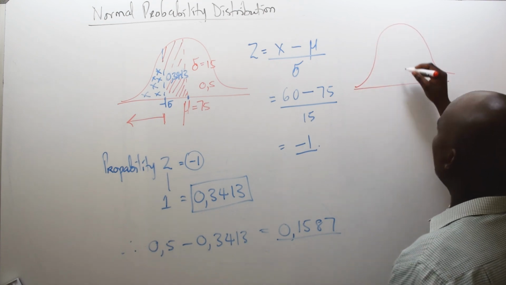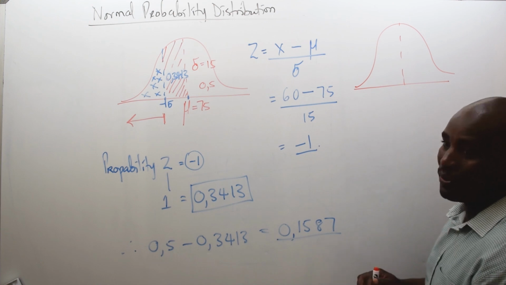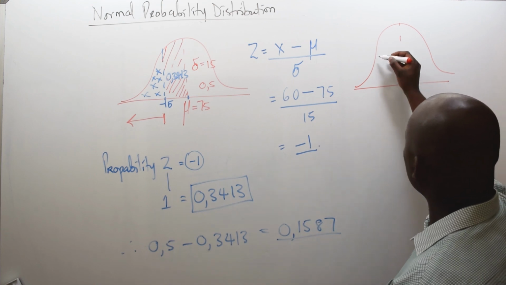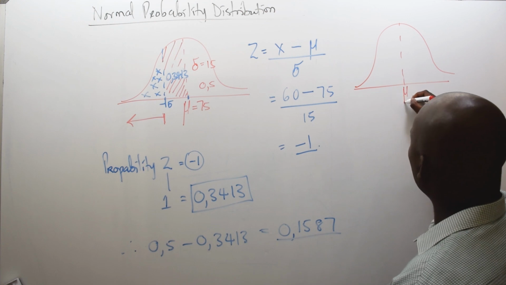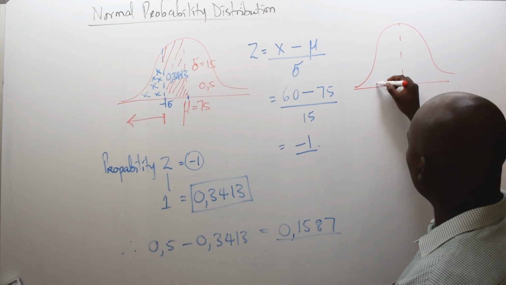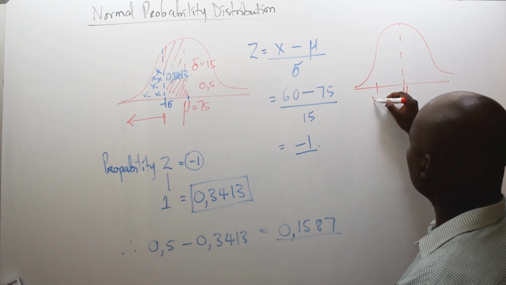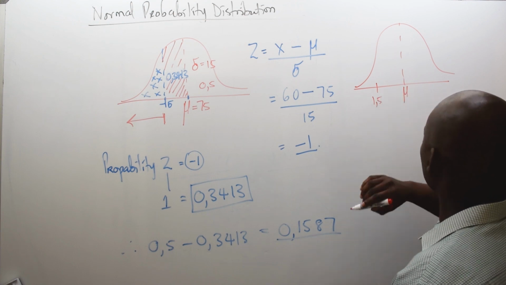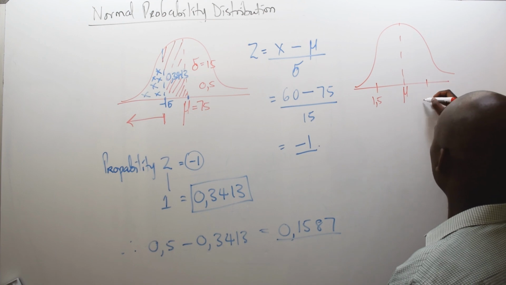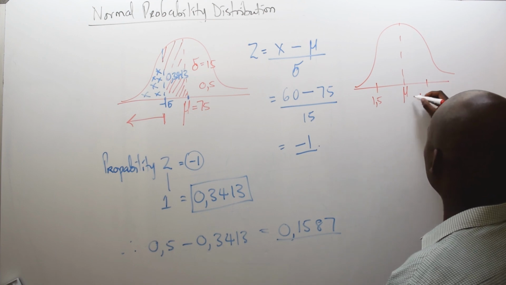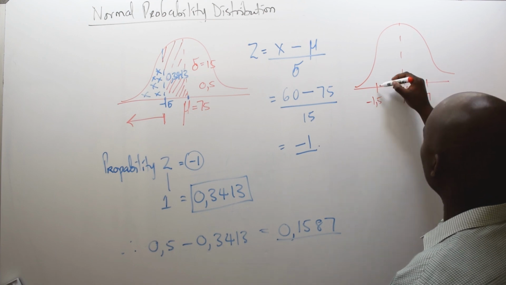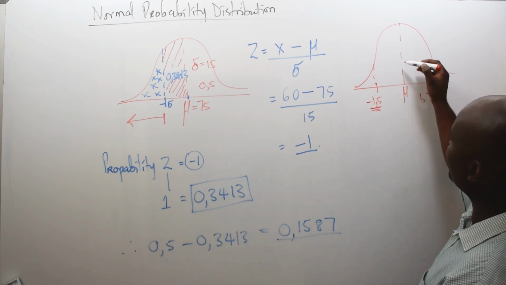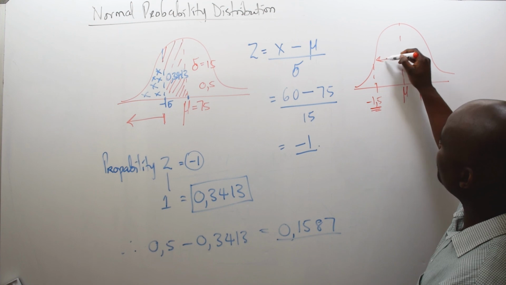You know that this is your mu. If you're asked to calculate an area where your mu is here, and then they say a z of 1.5 and a z of 1.7. This is negative, this is positive. So what you would do is look for a z of 1.5. It will give you the area from here to there.